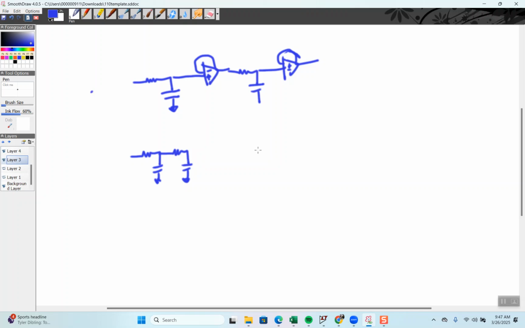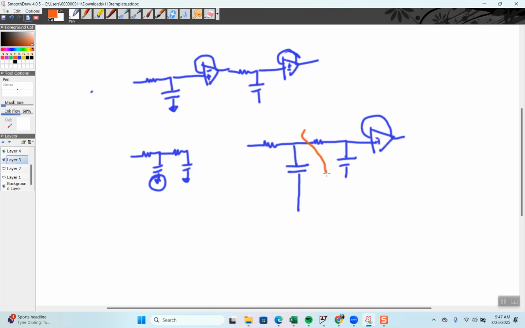But you can't get that filter response you want. And then somebody, Sallen and Key, for example, said, you know, if I could somehow change that, so now I'm going to draw it a little bit differently, okay? And keep this. Well, here's this part right here, right?